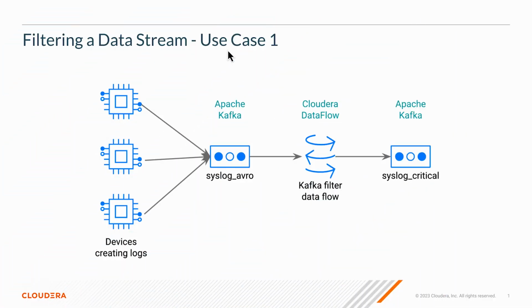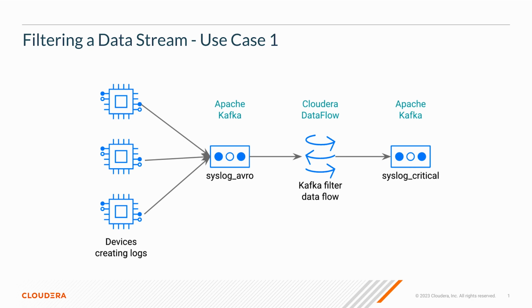Our first use case is very common within our Cloudera customer base. We have a stream coming in of devices that are generating syslog data, and they're being sent to a Kafka topic. We want to work with that data in the Kafka topic.